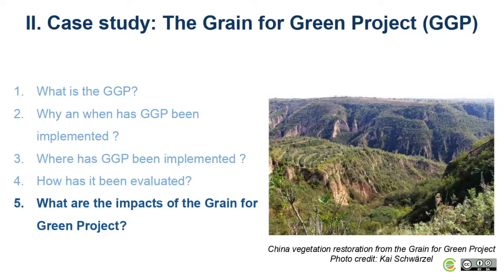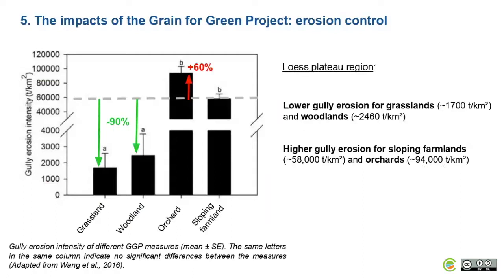Okay, so now we are going to see the impacts of the Grain for Green project. The first one is erosion control, because it was the main objective of the Grain for Green project. So here is the Loess Plateau region with the method that was described just before by Astrid.